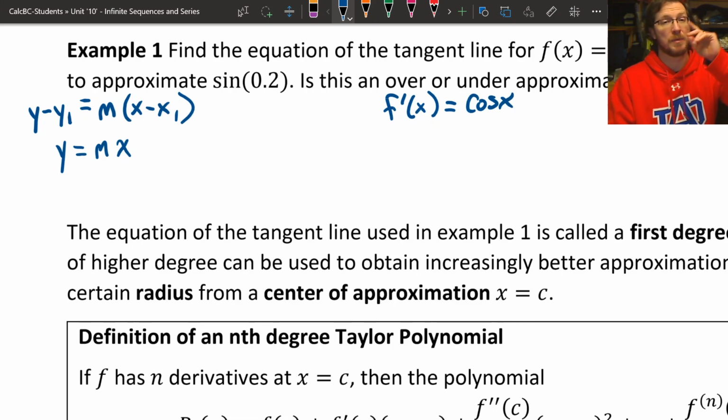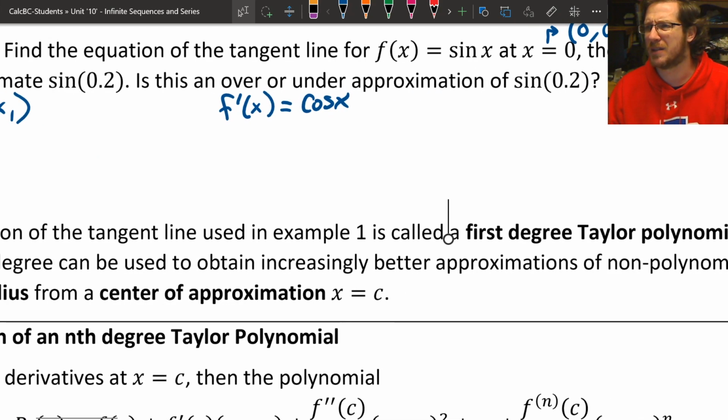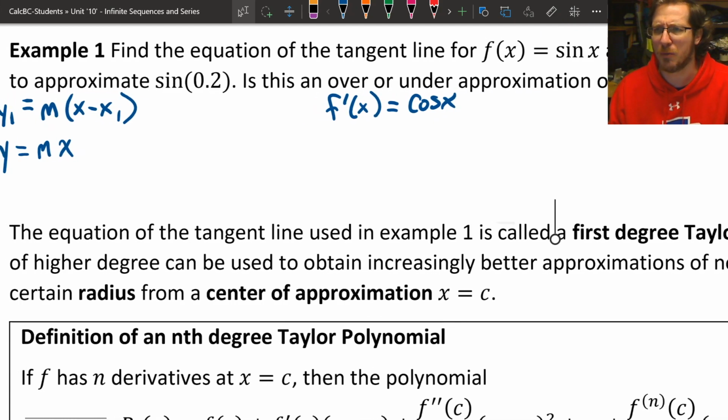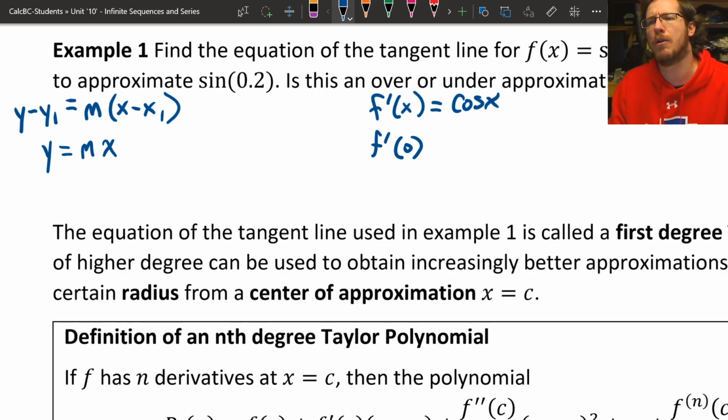Okay, and we're looking specifically at our center. Okay, so it says our center is at 0, 0. So the slope right there at 0, 0 is going to be f prime of 0, which is the cosine of 0, which is 1.